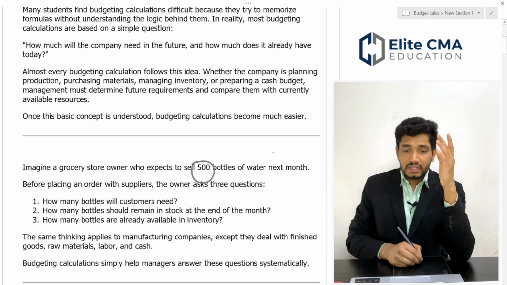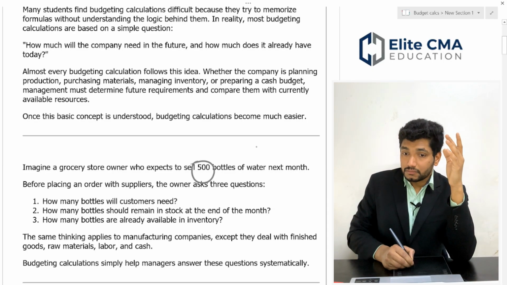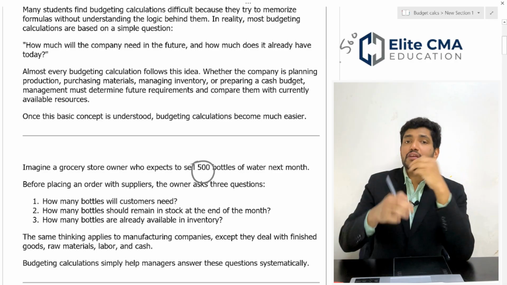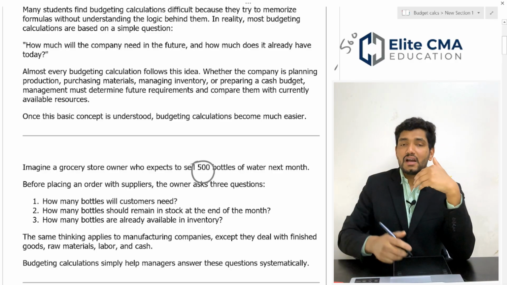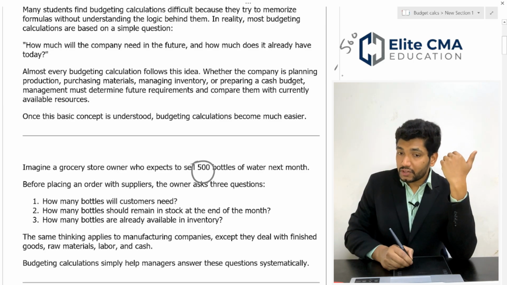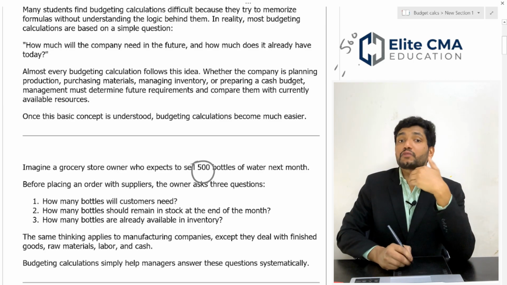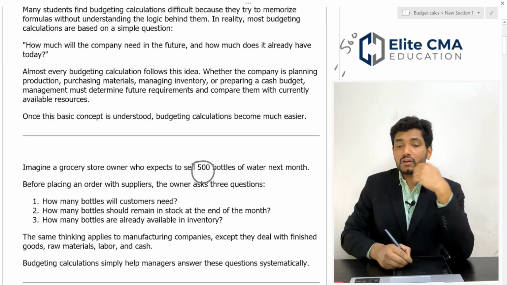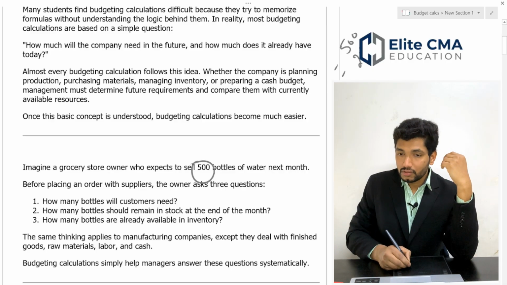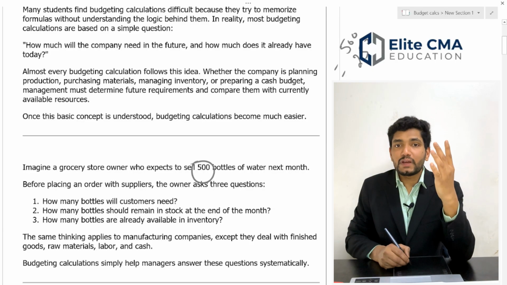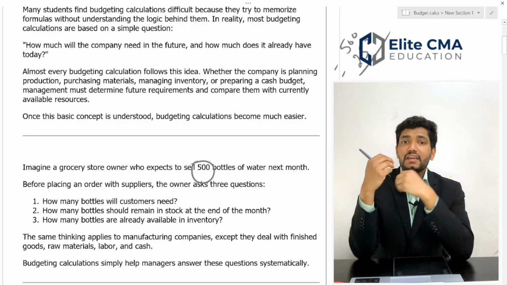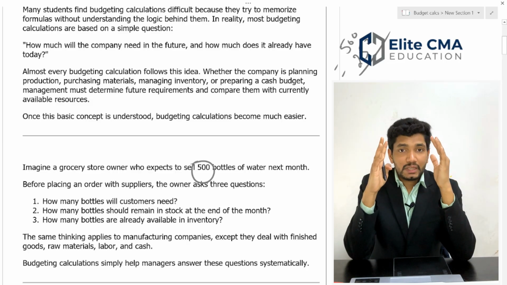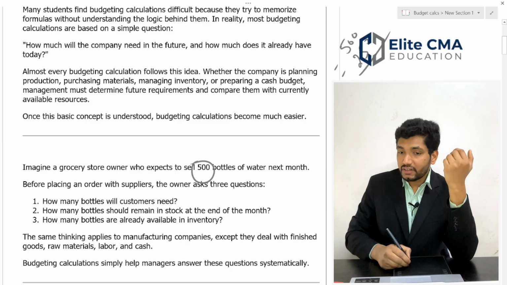In the same example, 500 units is your sales forecast, and you want to add another 250 units as the ending stock for that period. So you have to consider both while ordering. Again, is there any opening stock for that period that you can deduct as well?